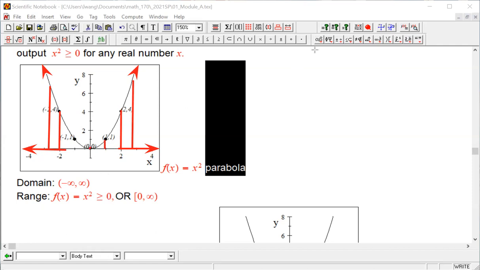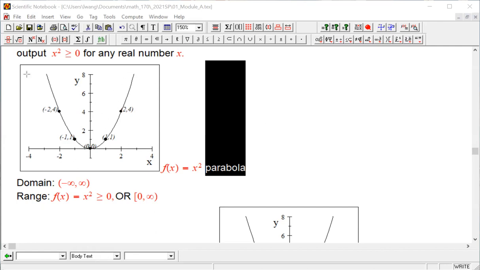So when you read these numbers, the first number is the input, which is the horizontal measurement from the origin, and the second number is the output, which is the vertical measurement. For each input, there's a respective unique output.